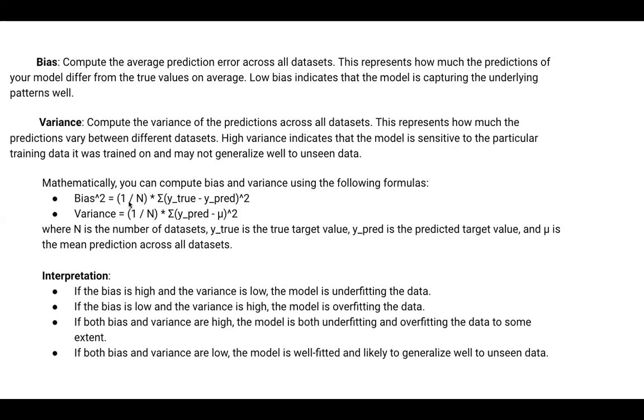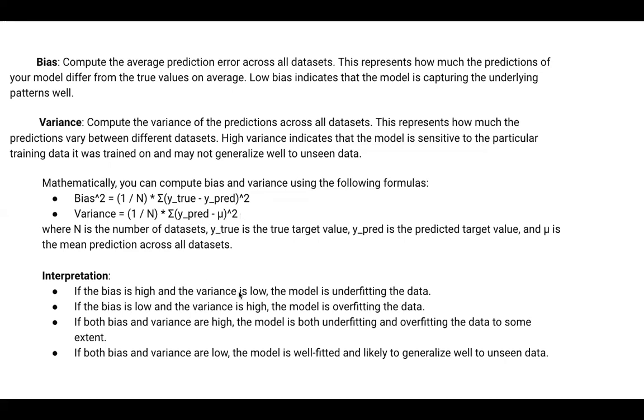So here is the mathematical formula for bias: 1 by n, where n is the number of data sets, times the sum of the errors, actual value minus the predicted value, squared. And variance is 1 upon n times the sum of the predicted value minus mu, which means the mean prediction across all data sets, squared.